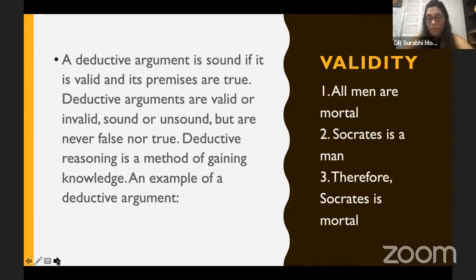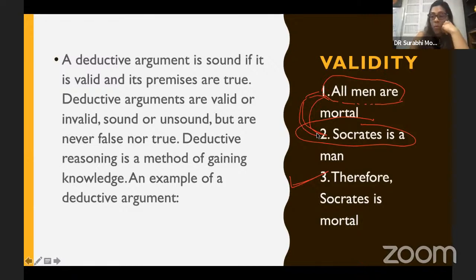All right. So a valid syllogism in deductive logic is one where you can deduce the last statement by using the first two. So if you see this, this is the first statement. This is the second statement. And this can be deduced by combining these two statements.